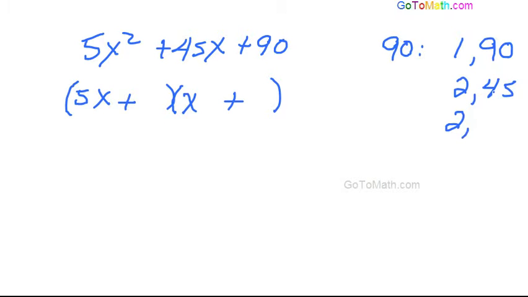So let's look. We have 5 times 9, right? 5 times 9 is 45. 9 times 5 is 45. Okay, well, let's see. What about 10 and 9 then?